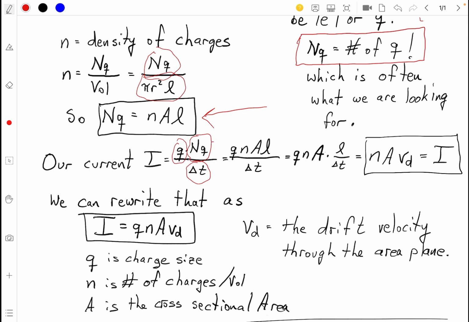So where does that get us? That gets us our Q times the density of charges times the volume divided by time. And if I rewrite it, I can put all of these things in front and have our ratio be our length divided by time. Well, what's length divided by time? That's a velocity.